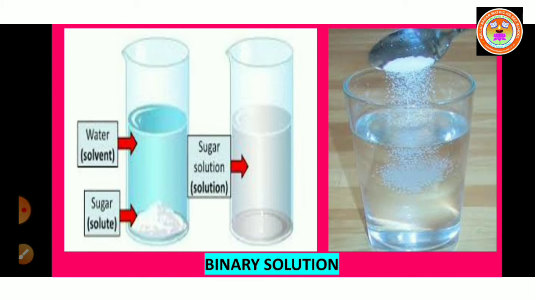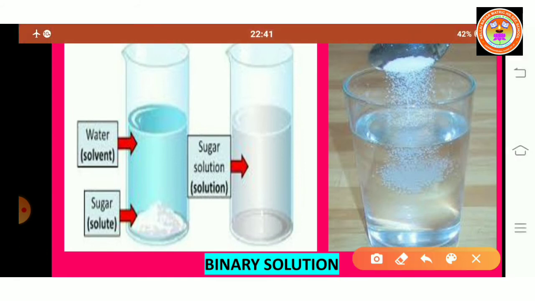Such solutions which are made of one solute and one solvent, that is, two components, are called binary solutions. For example, in a sugar solution, how many components are present? Yes, we know two, sugar and water.